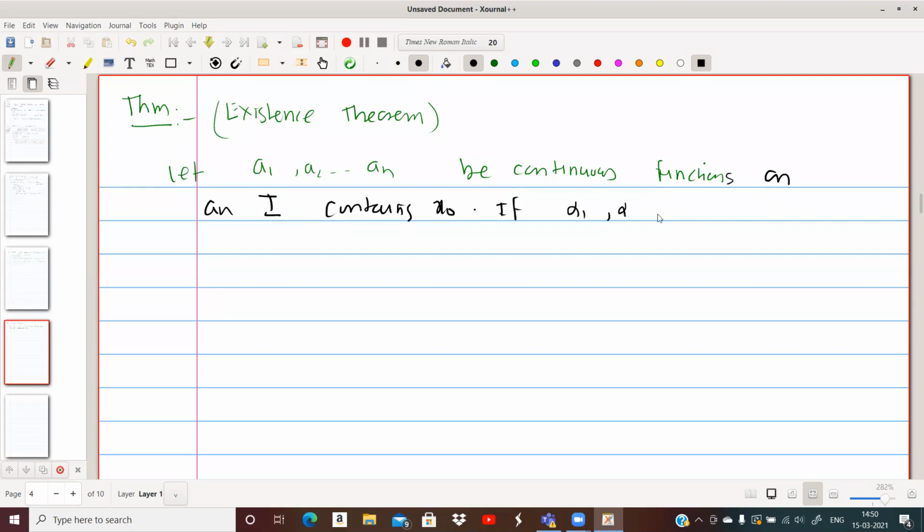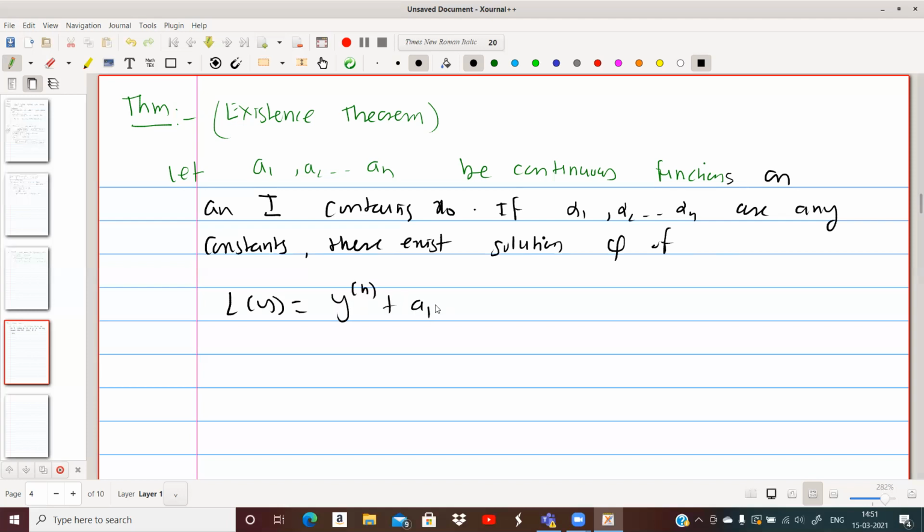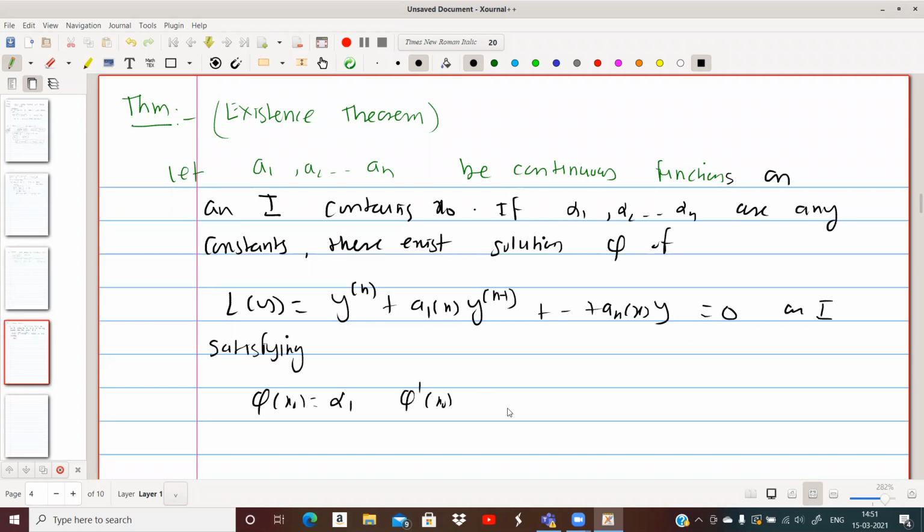If alpha 1, alpha 2, alpha n are any n constants, there exists a solution phi of L of y equal to, I'm writing the differential equation, on the same interval I, satisfying phi at x naught equal to alpha 1, phi dash at x naught equal to alpha 2, and so on.